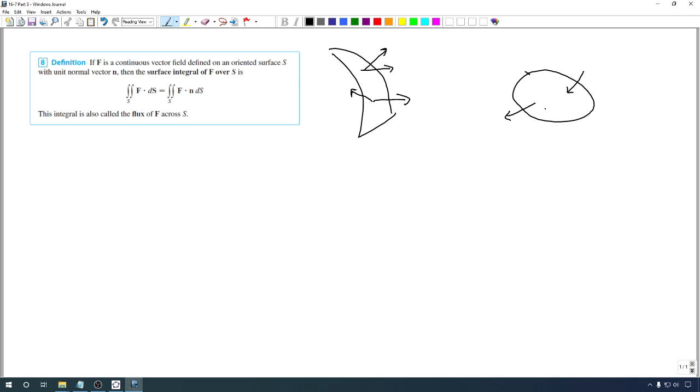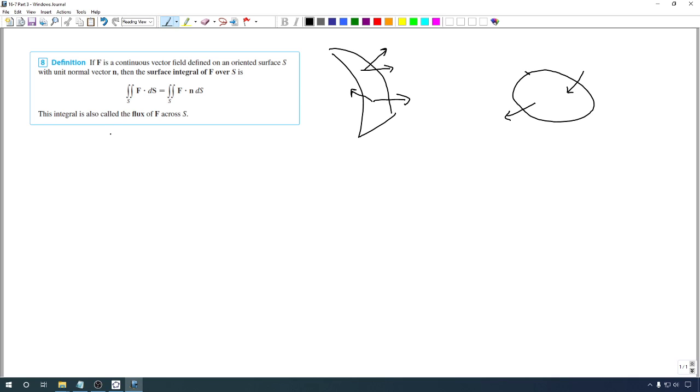And the surface integral will tell you the total amount of water that flows out of the cell. Now remember that because we want a positive orientation pointing outwards, if we get a positive result, that means more water flowed out of the cell, and the cell lost water overall. And if we end up with a negative result, that means more water went into the cell, and so the cell gained water overall. It's a way of adding up all of these results across the entire surface.